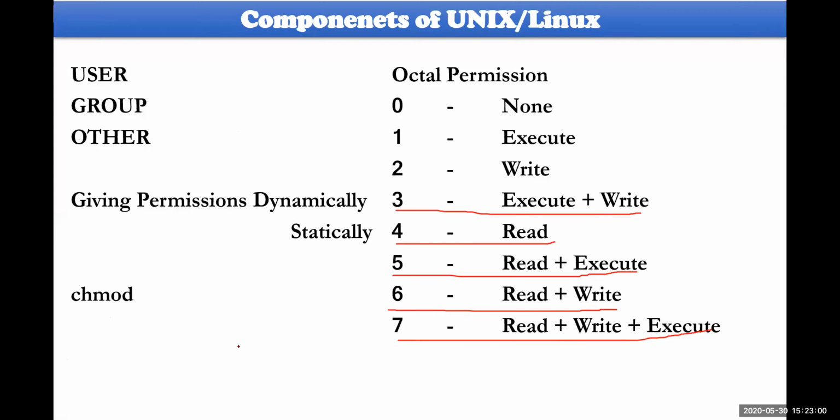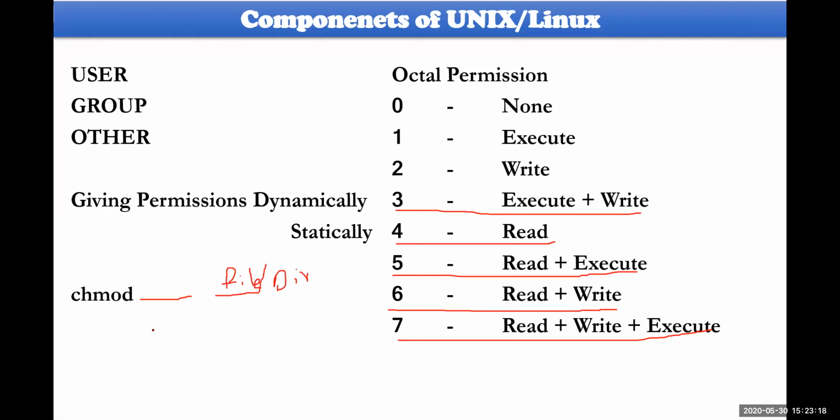Then how could you specify all these for different kinds of users? So chmod. Here you need to mention the permissions followed by the file name. Whatever the file name, file or directory, whatever it may be, you have to give it here.